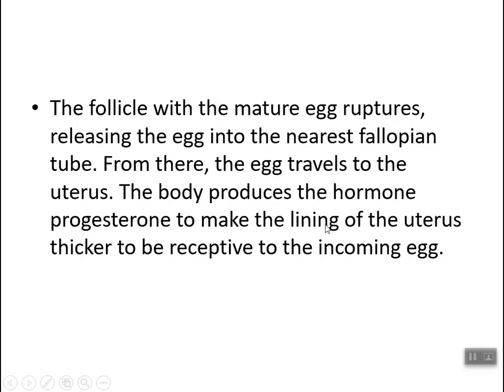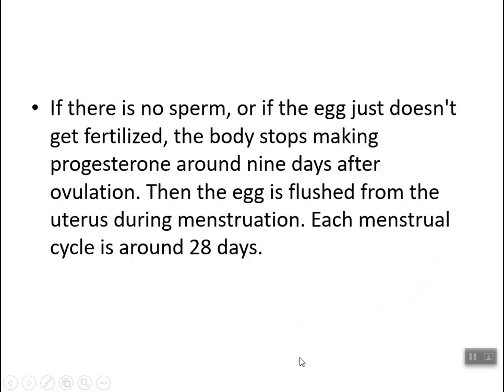The body produces a hormone during this period, that is the progesterone hormone. The function of progesterone is to make the lining of the uterus thicker, to prepare the uterine wall to conceive a pregnancy and to conceive a baby, thicker to be receptive to the incoming egg. So if the fertilized egg comes, the uterine wall can accept it and implant the fertilized ovum.